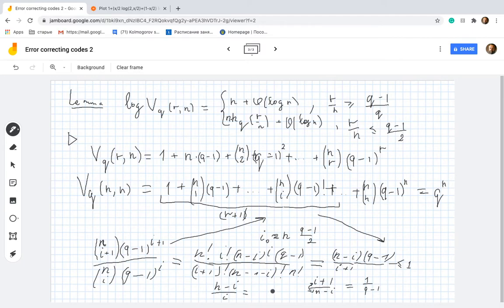So i over n minus i equals 1 over q minus 1. And the solution to this is n over i equal to 1 over q minus 1 plus 1, sorry, which is q over q minus 1.